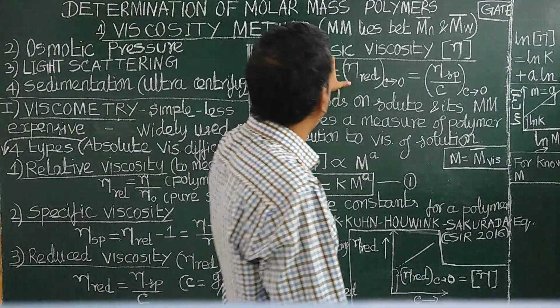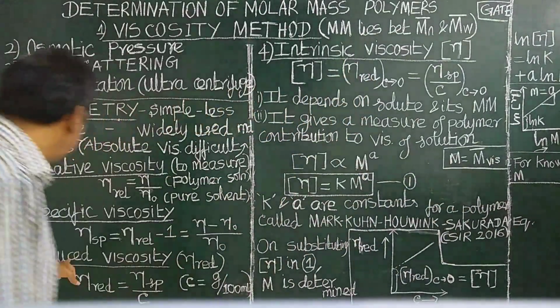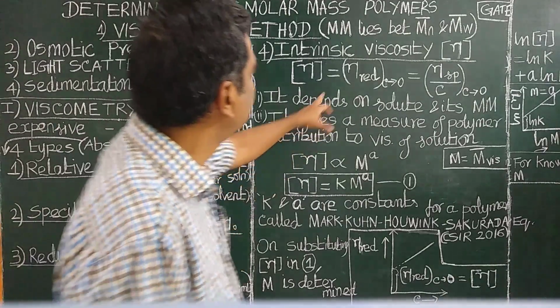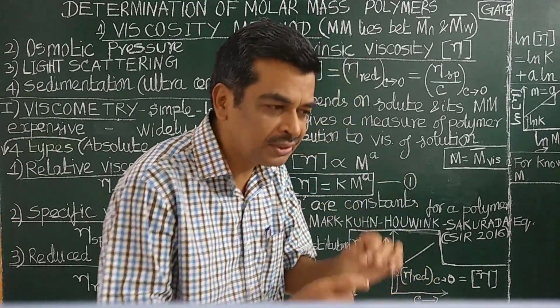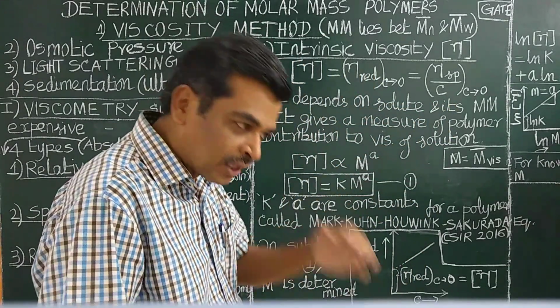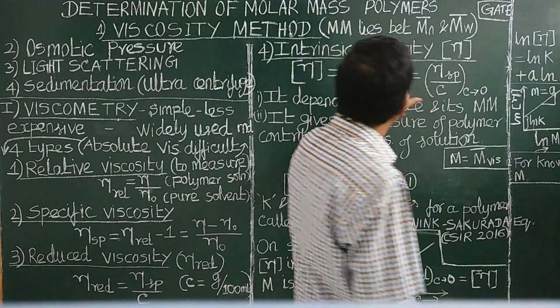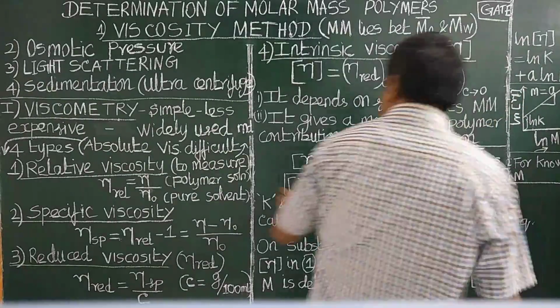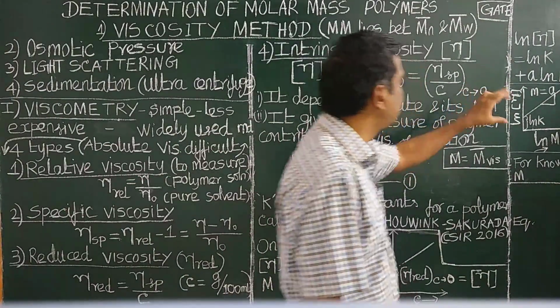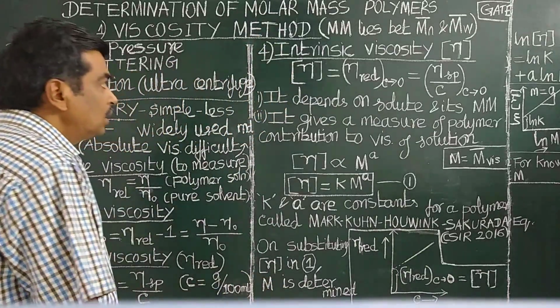Reduced viscosity is also called limiting viscosity. So, intrinsic viscosity is equal to limiting viscosity when the concentration becomes zero. Therefore, eta is the limit of specific viscosity divided by C, as C tends to zero.